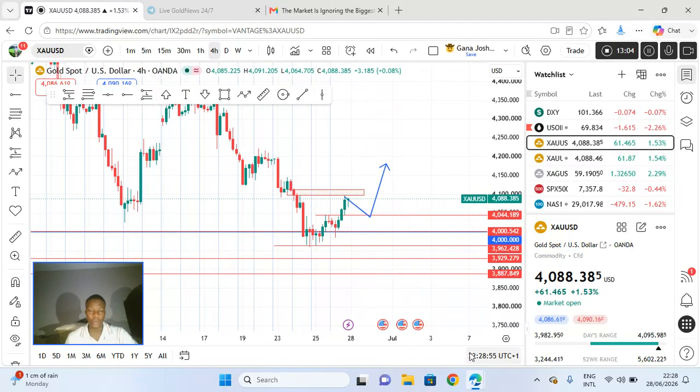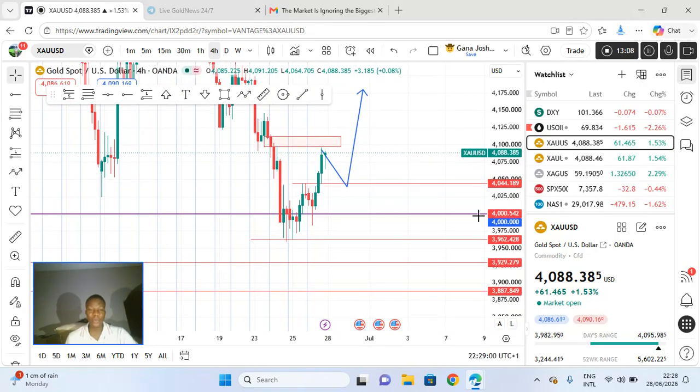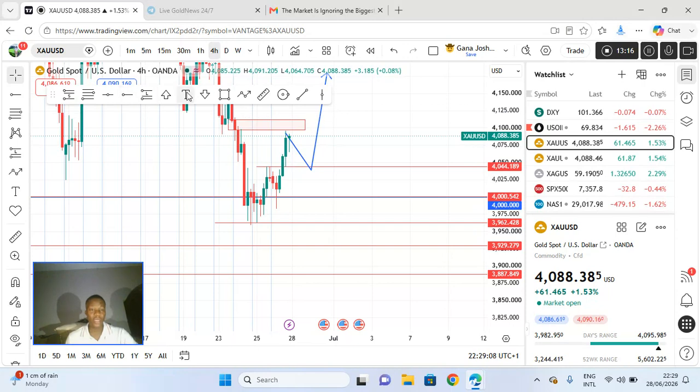That's what I see happening on gold. We're bullish so long as price keeps riding above 3962.5. But anytime price comes back and breaks this level, then the story has changed.